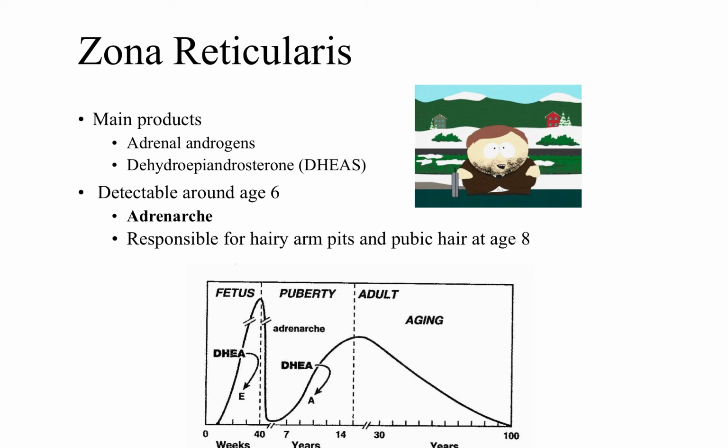But if we look at DHEA levels throughout the lifespan, they become pretty high during the fetal period, so as there's differentiation of the tissues, and during the early stages of adrenarche, so the development of secondary sexual characteristics in individuals around the age of 8, that's when we start to see that DHEA gets very high. So it's very important during puberty and then during differentiation in utero.